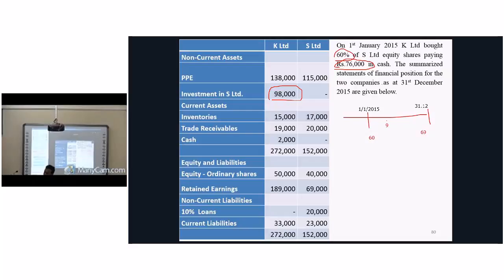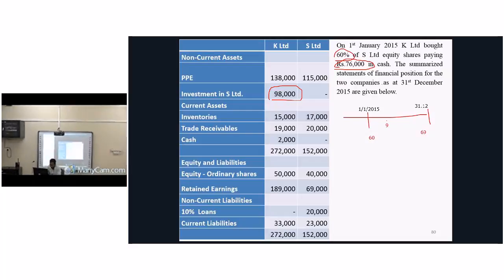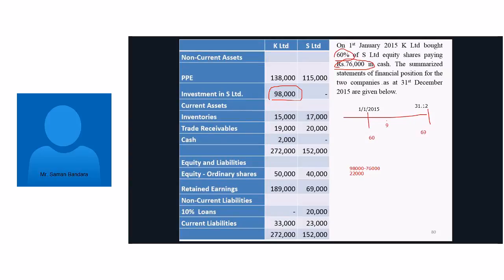There is an investment of 98,000. Out of that, 76,000 is made for subsidiary acquisition. There is a balance of 22,000. What is this 22,000? It is about this loan provided by K.